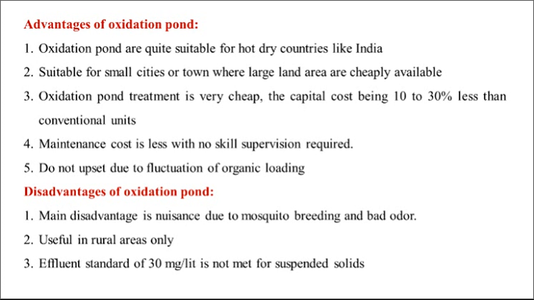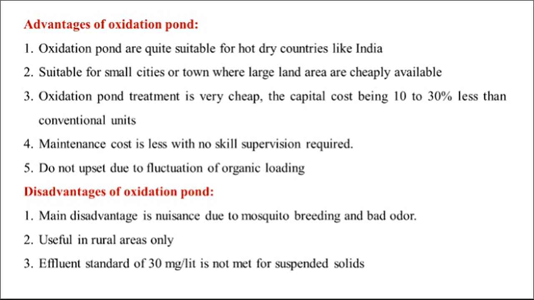Third advantage, oxidation pond treatment is very cheap, the capital cost being 10 to 30% less than conventional treatment techniques. Fourth, maintenance cost is less, with no skilled supervision required. And the last advantage is that it does not get upset due to fluctuations of organic loading, meaning there is no treatment change due to fluctuation in the organic loading rate.